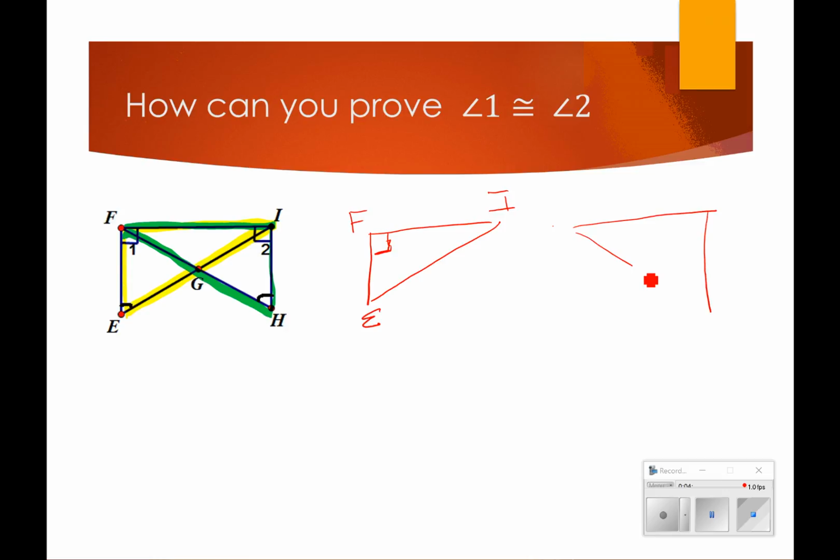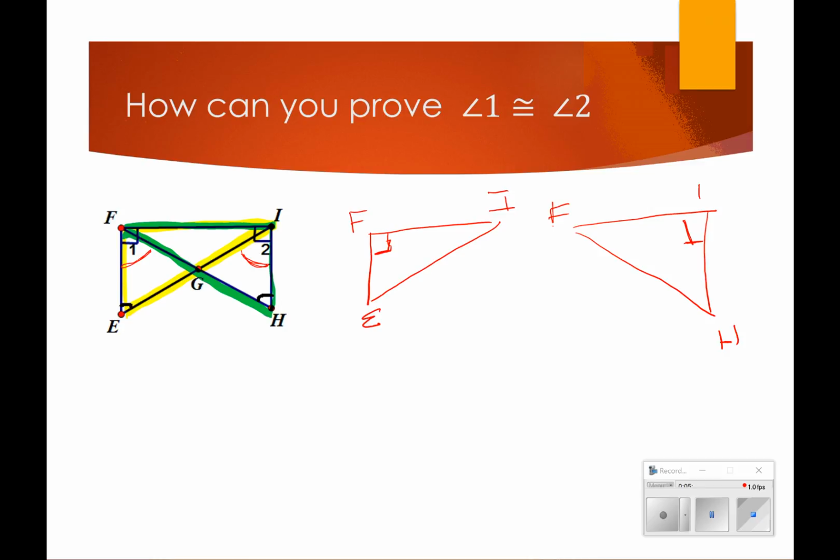And I'm going to draw the right angle in here. But those aren't actually 1 and 2 now that I'm looking at that. FIH. Okay, so we've got those, but what we really want to prove are these angles right in here. Right. So how can we do that?